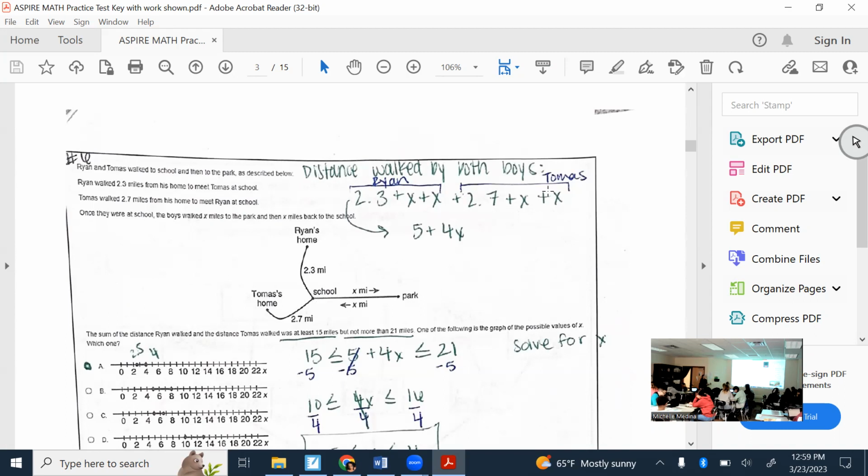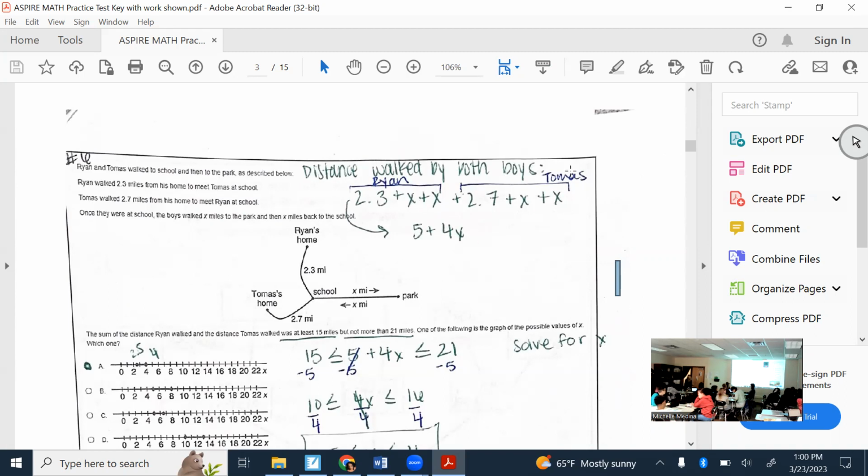So we had to make an expression for that. So here it is expanded. 2.3 plus 2.7 is what? It is 5. Feel free to use a calculator for that part. And then what is X plus X plus X plus X?